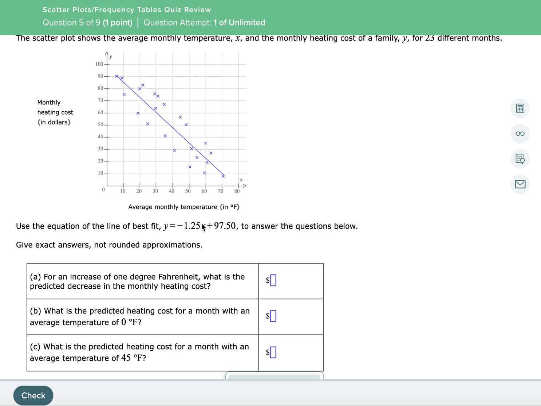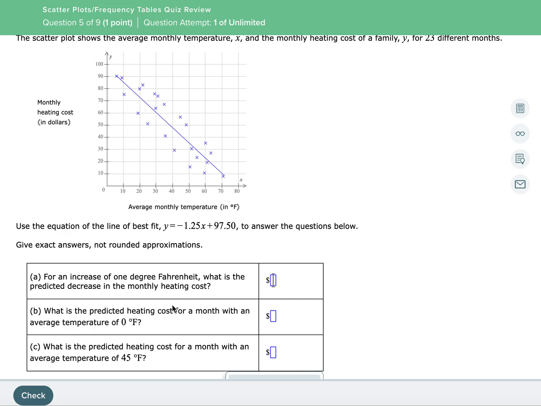If I made that 0, this whole term with the x on it goes away, because 0 times anything is 0. And you're left with, for your y value, 97.50. So that's saying that if it were 0 degrees, your monthly heating costs, according to this model, would be $97.50.